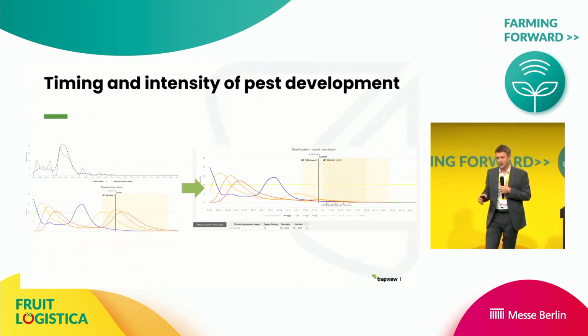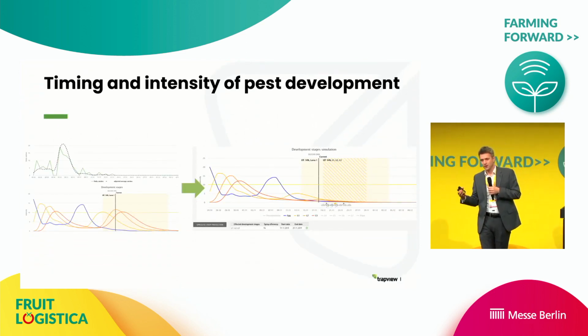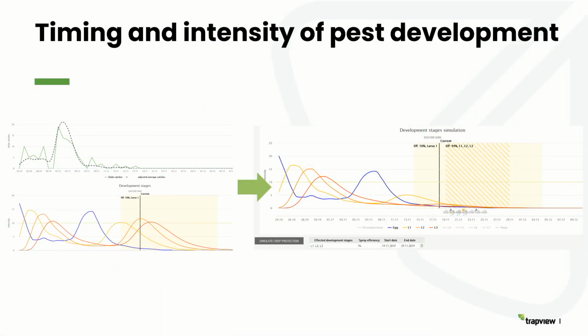So what you can do with that, when you have daily catches, validated ones, when you have weather data, when you understand population dynamics, when you understand biology, so what is the correlation between temperature range and duration of a certain development stage, then you can do things like here.